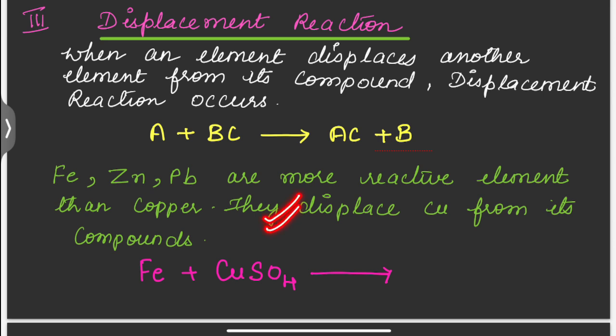In the statement it is given that iron is more reactive. The element which is more reactive will displace copper. Since iron is more reactive, it will displace copper from copper sulfate solution. So the product you will get here is FeSO4, iron sulfate, plus copper. Copper is the solid which is displaced in the reaction.